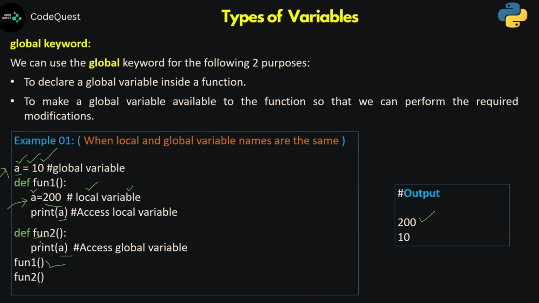But fun2 does not have any local variable with the name a, and still I'm trying to print a, so this is going to access the global variable that is present in the program. So in this context, what we have understood is that in the fun1 function, I cannot access the global variable because I have already taken a local variable with the same name.